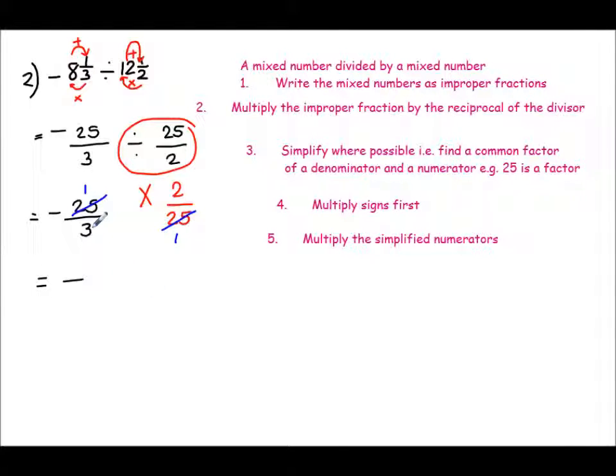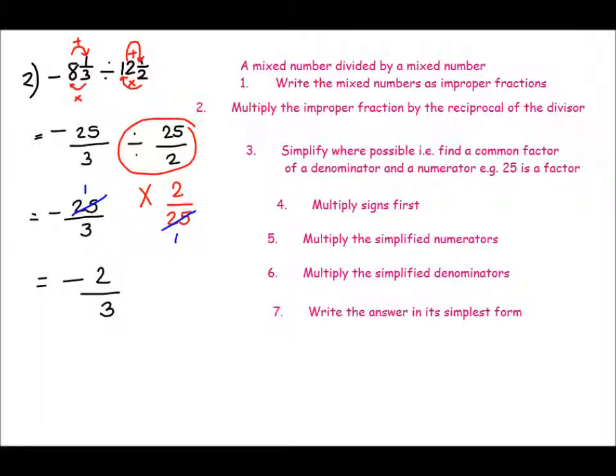So the numerator is going to be 1 multiplied by 2 is 2 over, multiply the denominators together, 3 multiplied by 1 is 3. I cannot simplify any further. It is not an improper fraction, so this is the answer to that calculation.